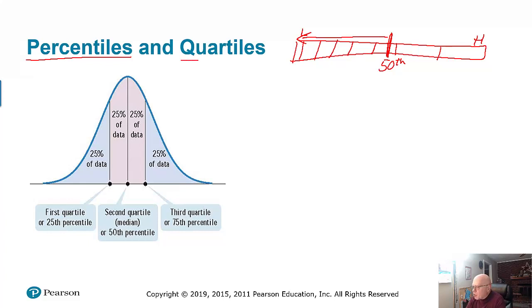The connection of the quartile is like this, and you can see it really well in this picture. Quartiles means we've got quarters or 1/4. So you've got 25% of the data here, 25% here, here, and here. It's chopped into 4 pieces instead of the 100 pieces we had with the percentiles.